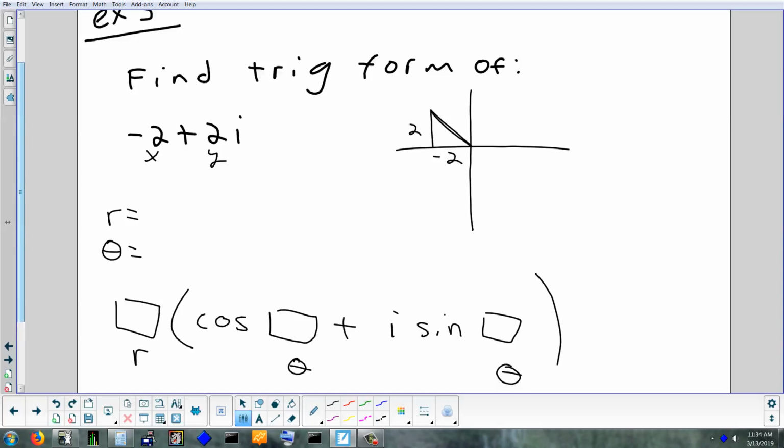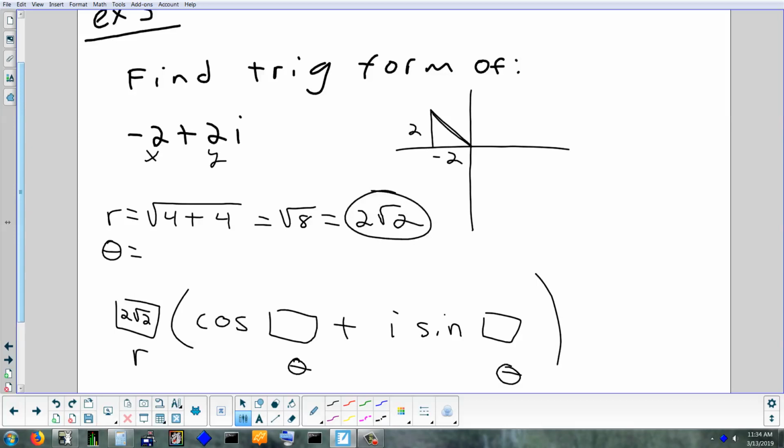So when I do Pythagorean theorem on that, what's 2 squared? 4. -2 squared? 4. Add them up and take the square root. So that's the square root of 8. Or what would that reduce to as an exact answer? Yep. 2 square roots of 2. There's your radius. That's what's going to go in this first box. 2 root 2.